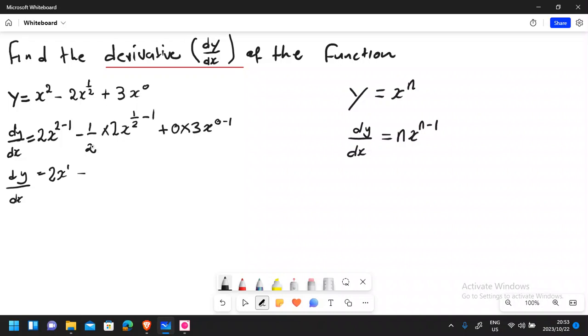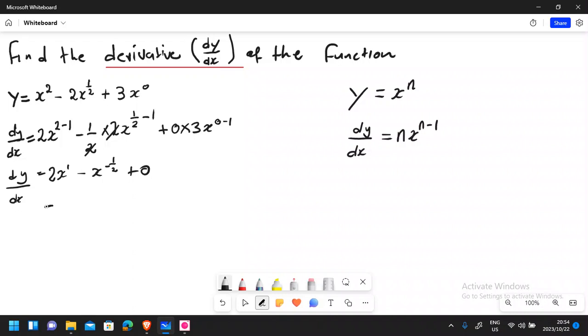If you say this 2 divided by this 2, they give you 1, so you're going to be left with negative, and then you say x to the power of, what is half minus 1? The answer is going to be minus half. Okay, plus 0. Remember guys, when you have a constant, it's going to be 0 there.